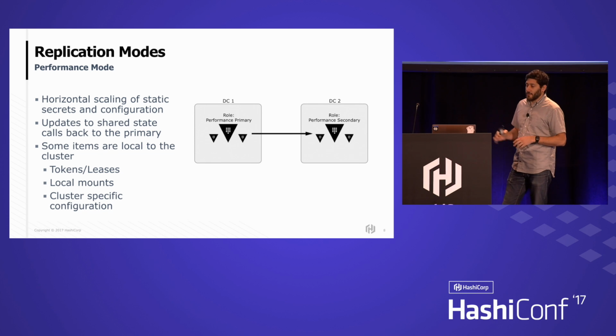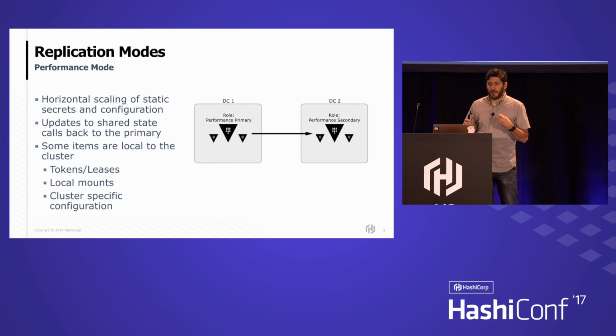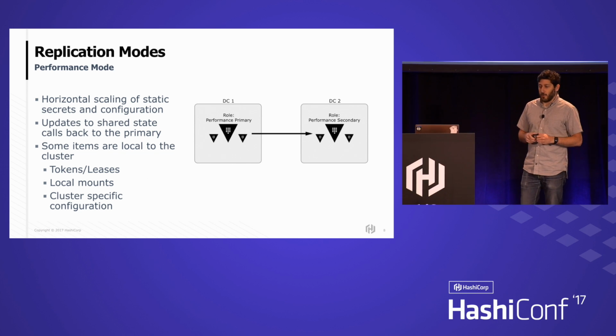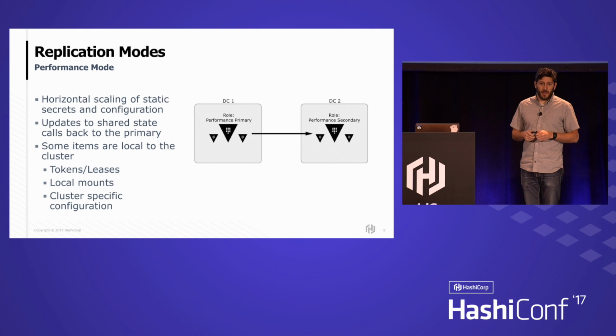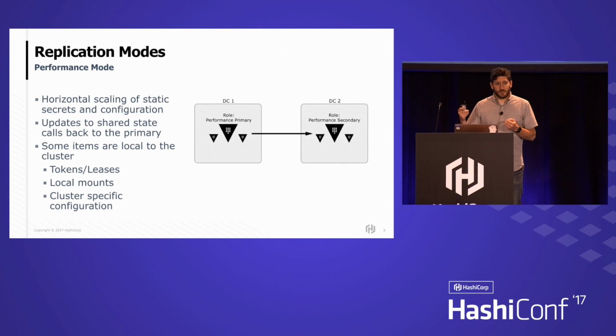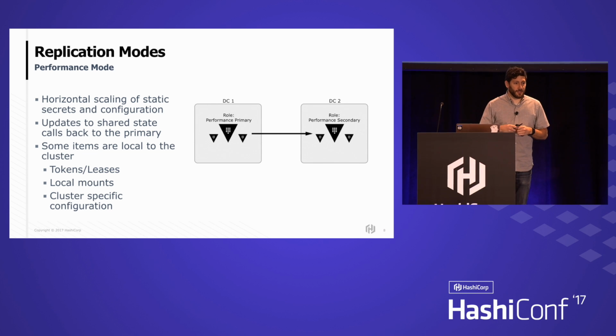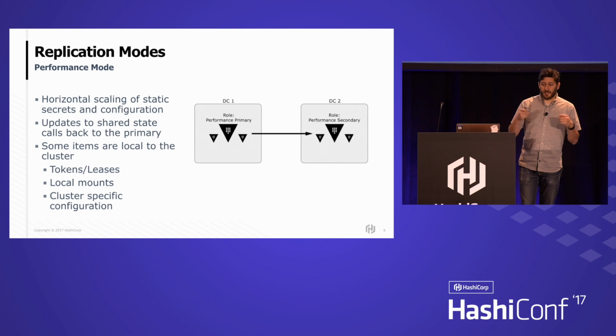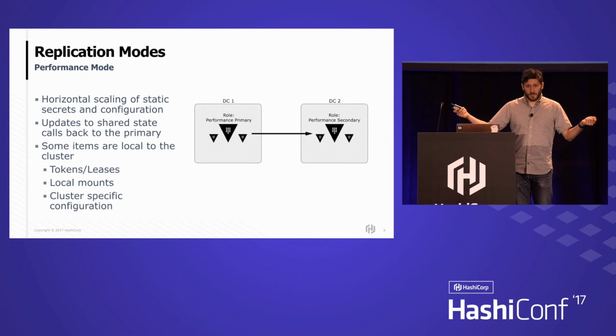That's kind of a loaded term, but that really just means that secrets in the generic secret backend and your configuration for your dynamic secret backends will replicate down to a secondary cluster. That essentially means that things like retrieving static secrets from your generic backend or doing things like transit encryption can scale horizontally across multiple data centers.